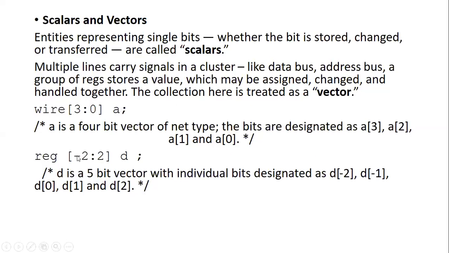Why can't you represent from minus 2 down to 2? You can. [-2:2] D represents that D is a register signal, a 5-bit vector, D of minus 2, D of minus 1, D of 0, D of 1 and D of 2.